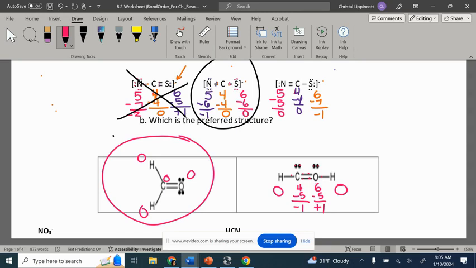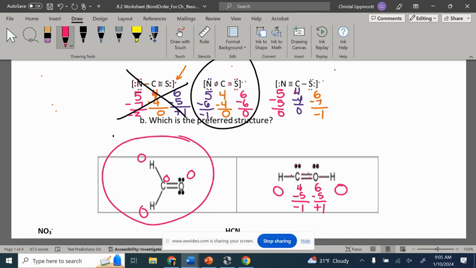So if we had to go with a structure like this, we wouldn't want this one because it's got the negative value on the less electronegative element. So that one's bad for 2 reasons. Make sense? So this is how we get down to like one right test answer.